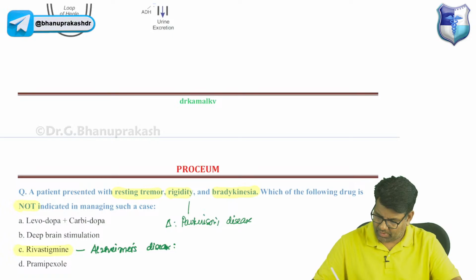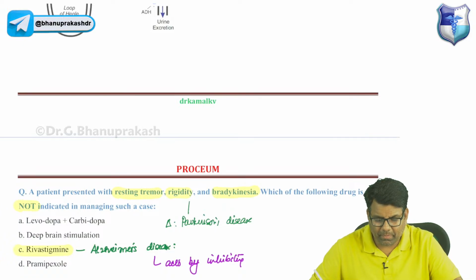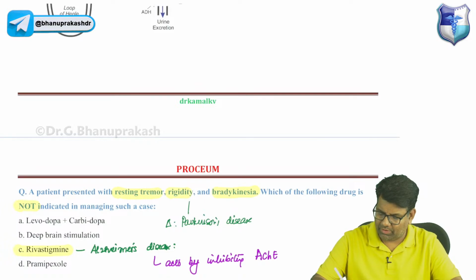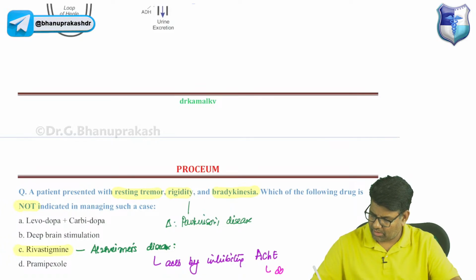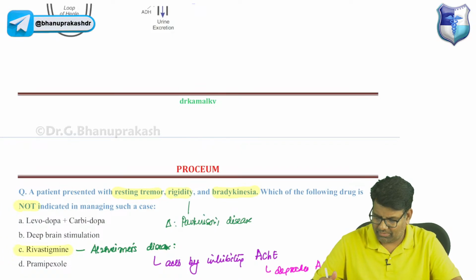And it acts by inhibiting which enzyme? Acetylcholinesterase enzyme. And this is the enzyme which actually degrades acetylcholine. So in one way it is, yes, donepezil and galantamine can also be used for Alzheimer's.